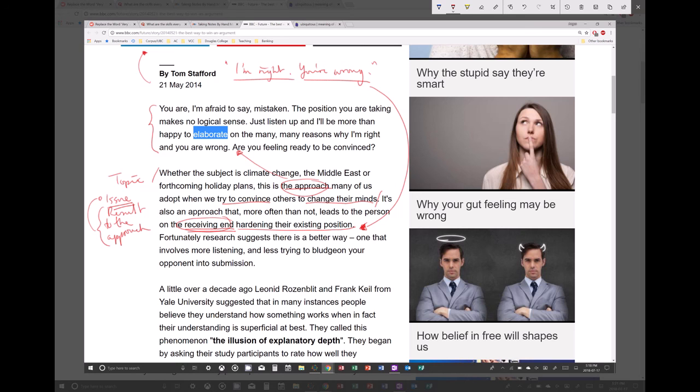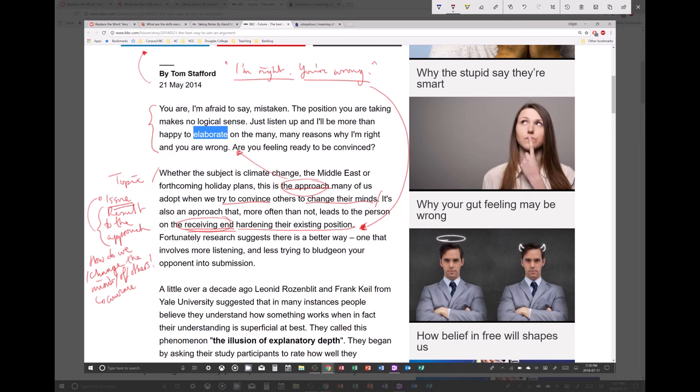So you are actually making them less likely to change their mind, which is the opposite of what you want. So to resolve this issue, the implied question is, how do we change the minds of others? Or how do we convince others? So we could replace change the minds of others with convince others of what we think.